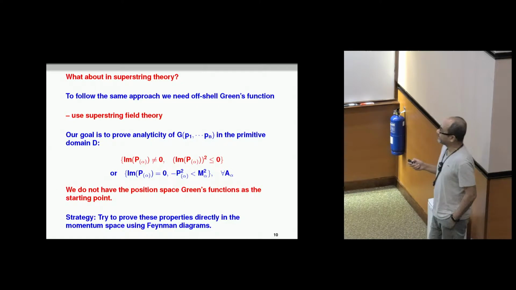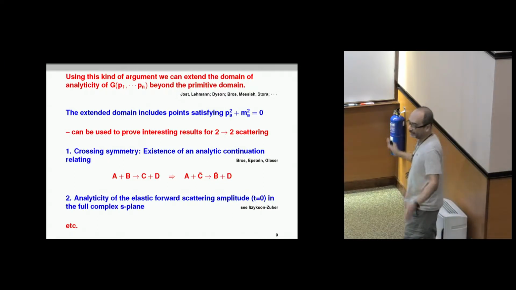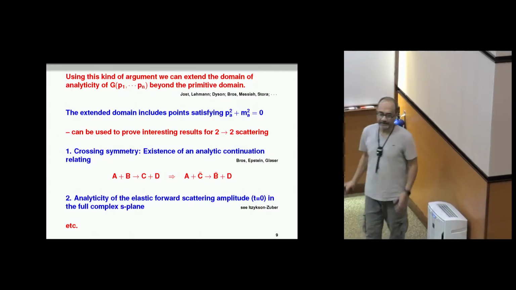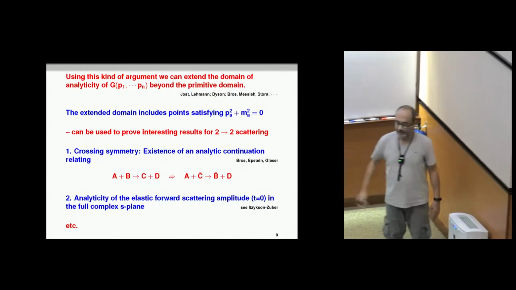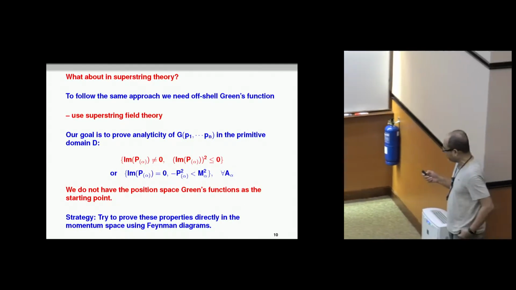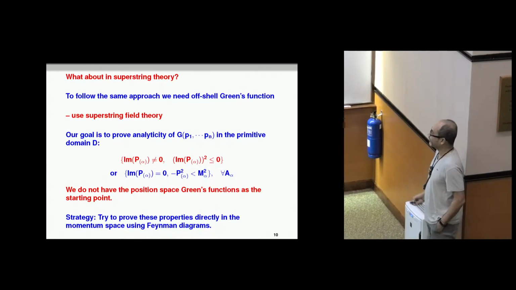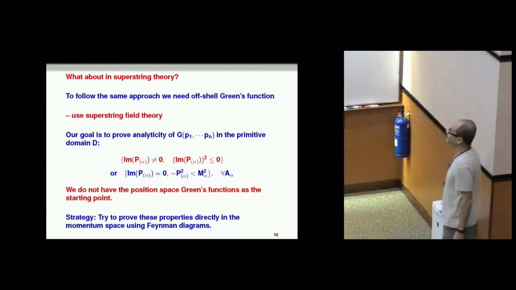Because once we have proven this, everything else that was done in the early days of axiomatic field theory will hold automatically, because these results follow from this without knowing anything else about the theory. It simply requires the domain of analyticity, and then it automatically extends the domain to this bigger domain. So if we can prove this for superstring theory, then we also have proven all the interesting results for the on-shell S-matrix elements in superstring theory.